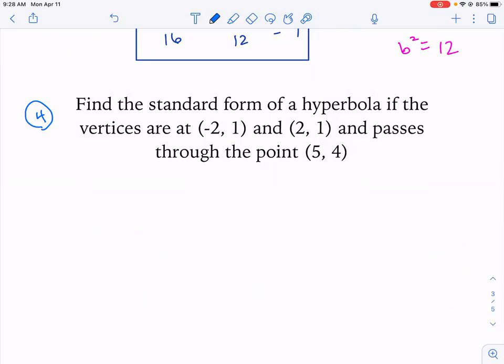We have vertices at -2, 1, and 2, 1. And it passes through the point 5, 4. Ooh, I feel like we're gonna have to do some algebra here. What do you think?